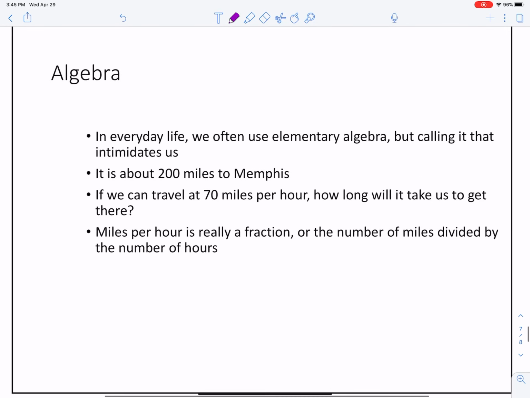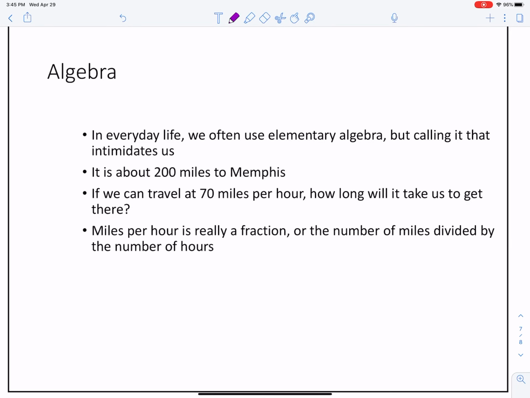Now, in terms of algebra, as a quick refresher, we use it a lot, but the fancy word intimidates us. So let's think about this. We think about all sorts of different things.